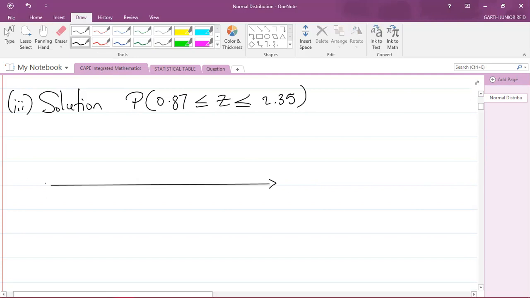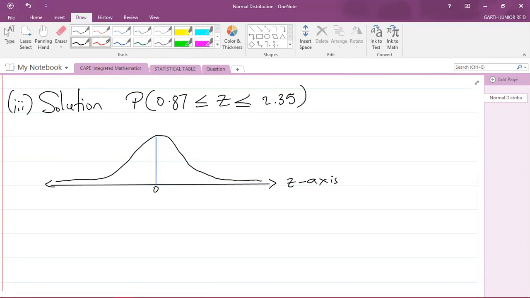Okay, so that's going to be my z-axis. I'm going to now have my line of symmetry, x equals 0. Great. That is what I want. Now, remember that I want the probability that is between these two z values, 0.87 and 2.35.